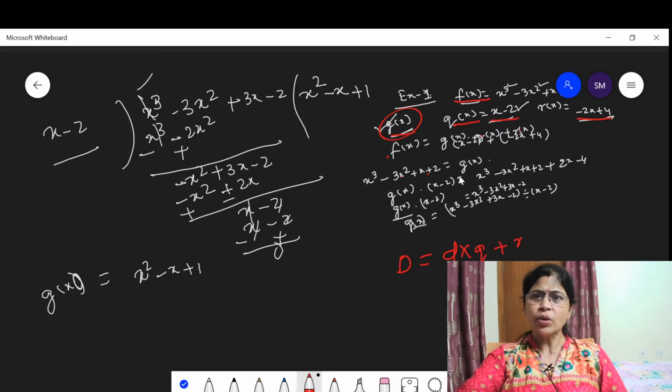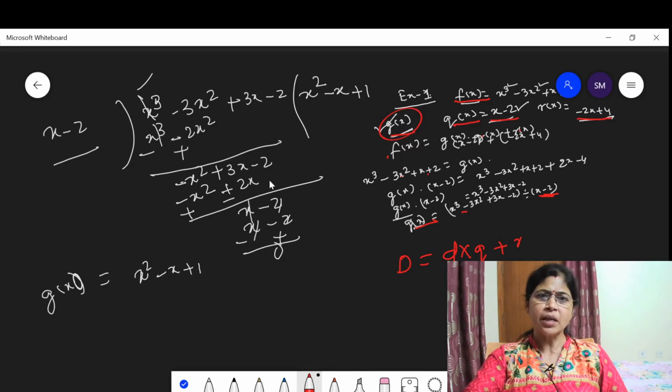Bringing it over, g(x) into x minus 2 is equal to x cube minus 3x square plus x plus 2, then take it to the left side, this is plus 2x minus 4. Then we get g(x) by dividing f(x) minus r(x) by q(x).